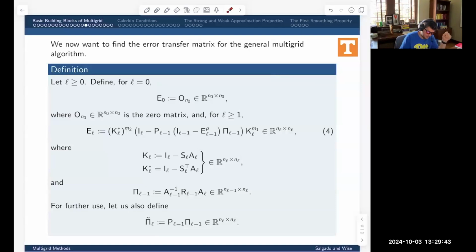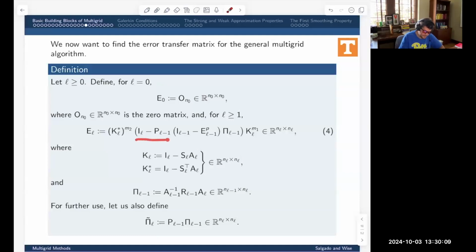All right, now for any level which is l equals 1 or greater, here's how I'm going to make this definition. E_l is equal to the error transfer matrix for post-smoothing. That's the smoothing that I do after I exit the multigrid recursive call.